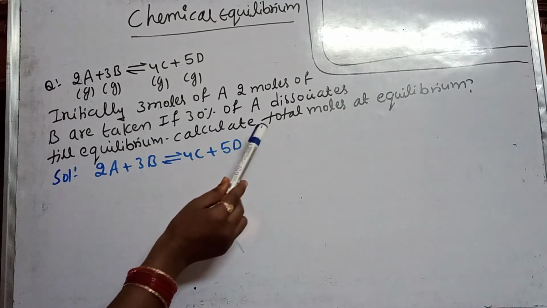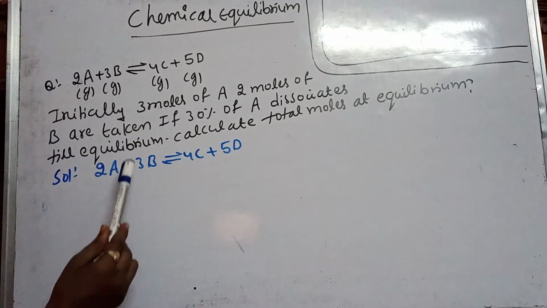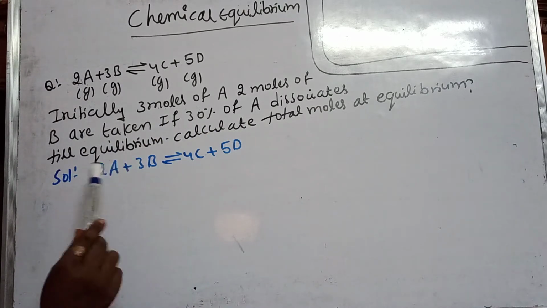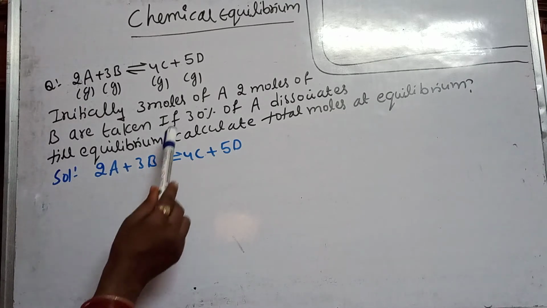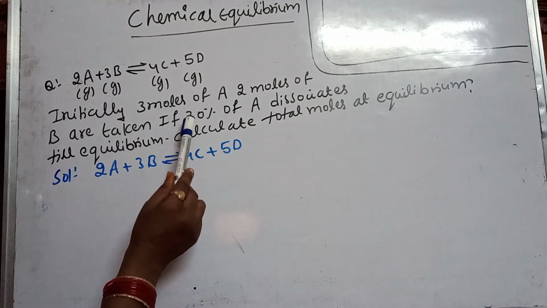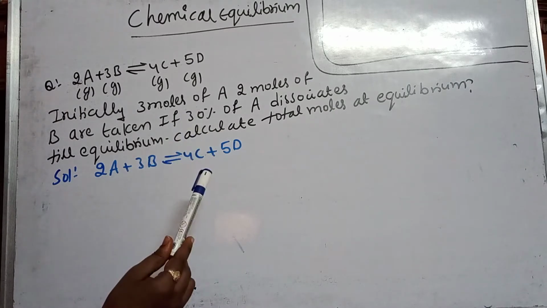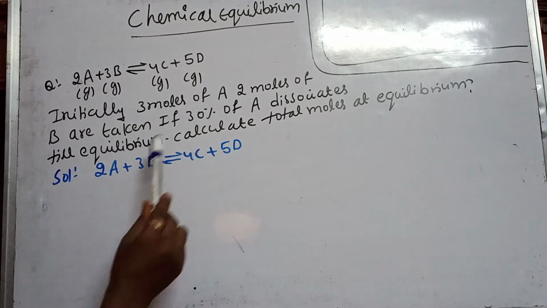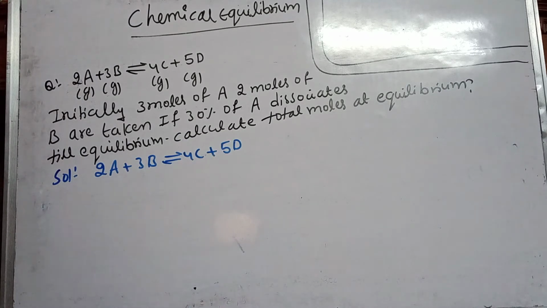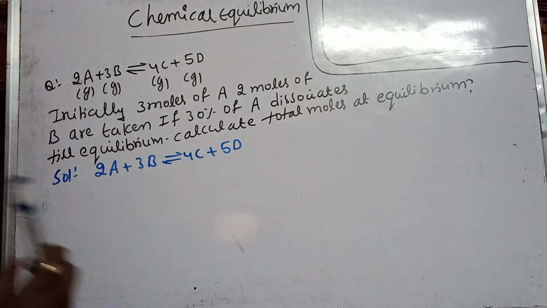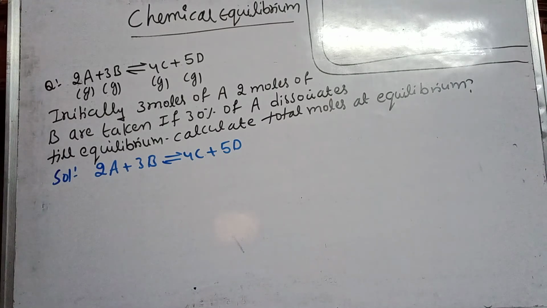If 30% of A dissociates, the percentage of dissociation is given in this problem, DOD is not given directly. Calculate the total moles at equilibrium. Such types of questions are important from the MCET point of view.